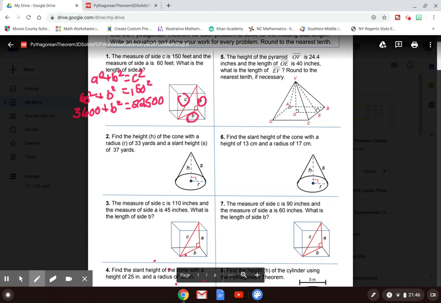So I simply subtract 3,600 from both sides. So B squared is going to equal 18,900.